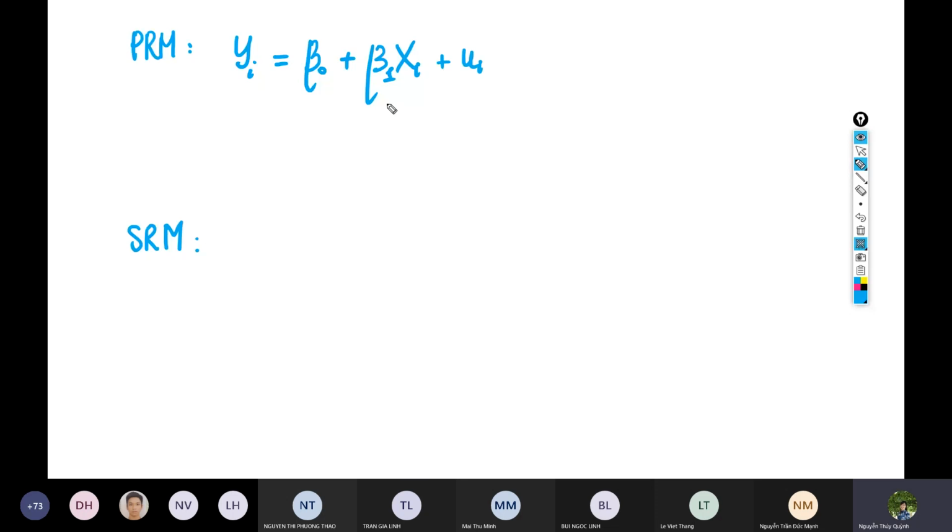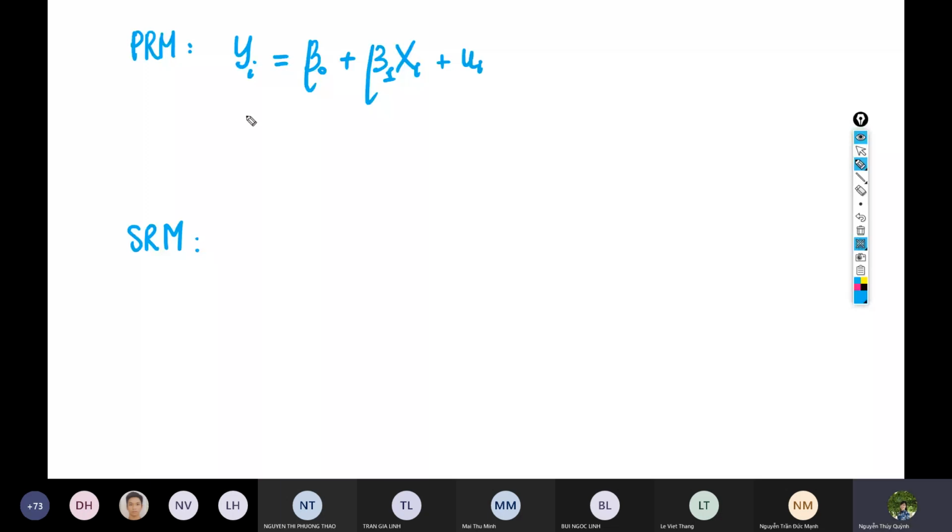As the stochastic form of the population regression model, we also have another way to express it, that is the population regression function. Do you still remember it? F of xi is equal to beta 0 plus beta 1 multiplied by xi.